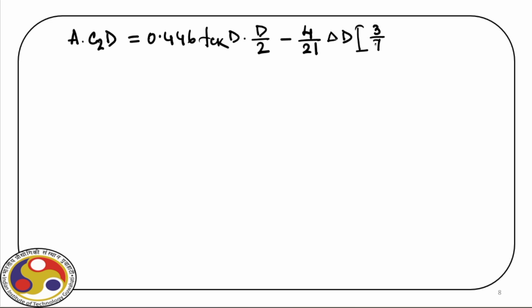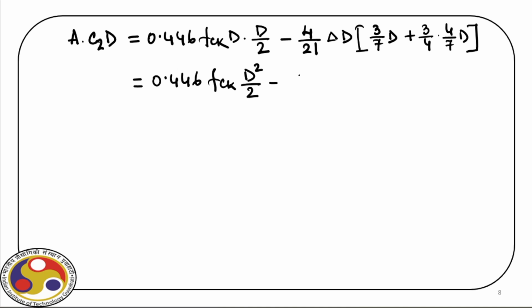So this is 3 by 7 D plus 3 by 4 times 4/7 D. Now, if we simplify, we have 0.446 FCK D square by 2 minus, we have 8 by 49 times delta times D square.